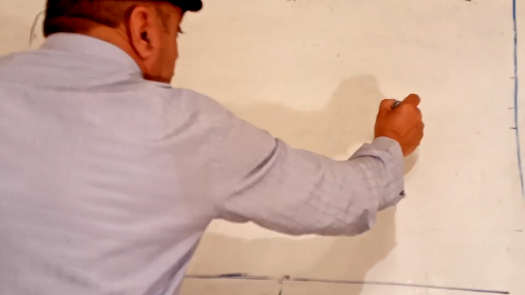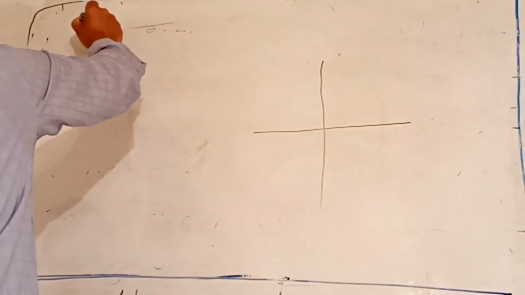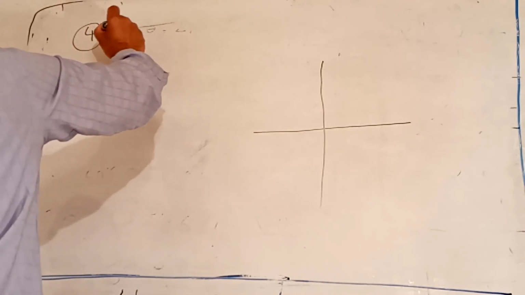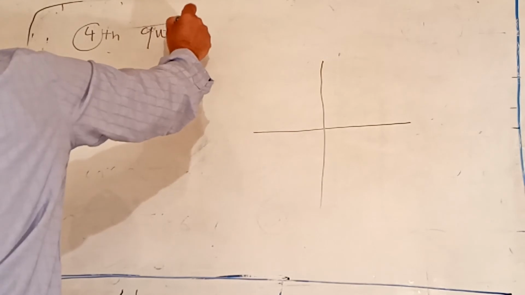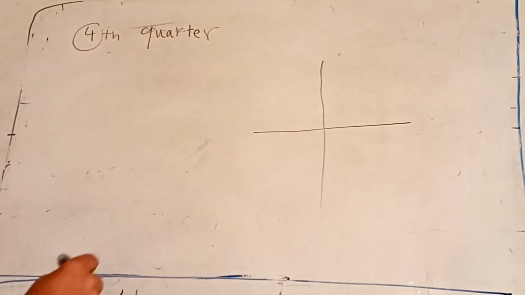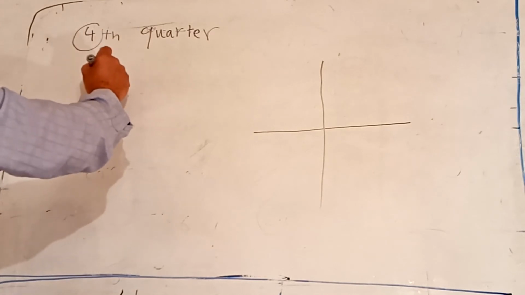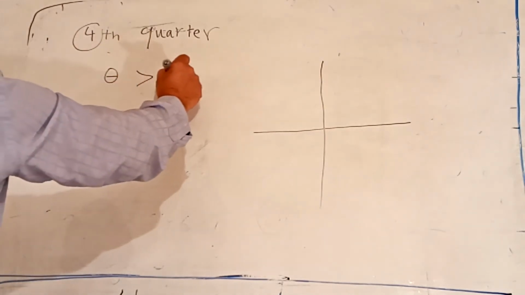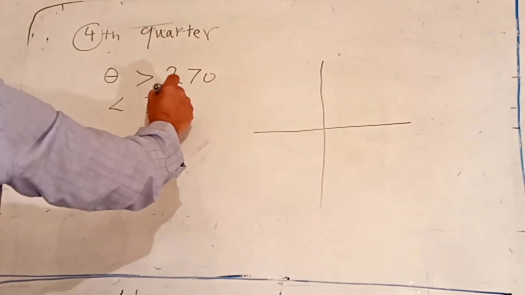Let me go into another fourth quarter. Now we will go to the fourth quarter. What is the fourth quarter? That's if theta is bigger than 270, less than 360.